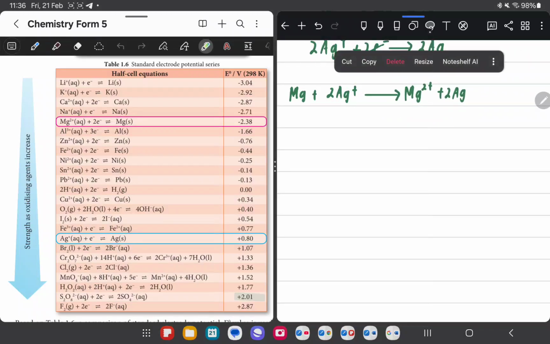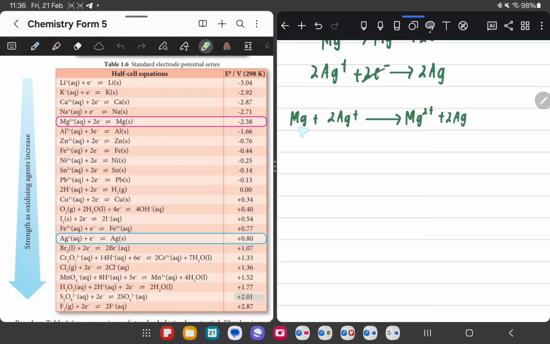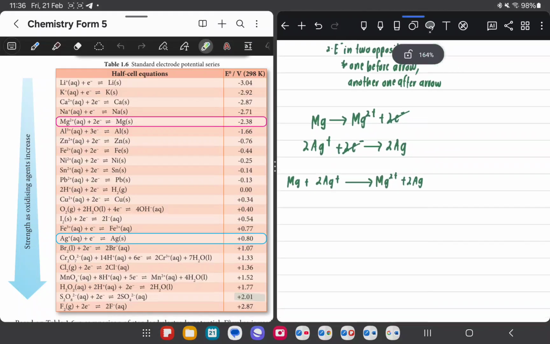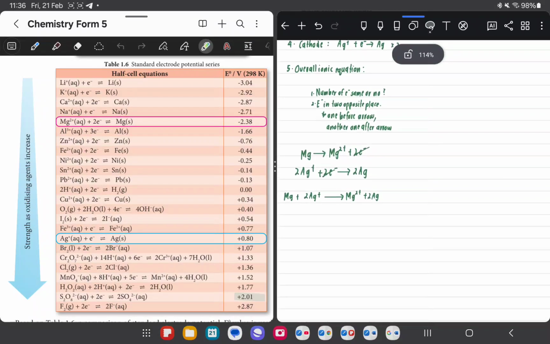Now try to see whether it is correct. Yes, correct. Mg becomes Mg2 plus, meaning the oxidation number increases, so it undergoes oxidation. What you wrote up there is correct. The 2Ag plus becomes 0, so reduction happens. So you were right to say Ag plus is reduced. Your working is correct so far.